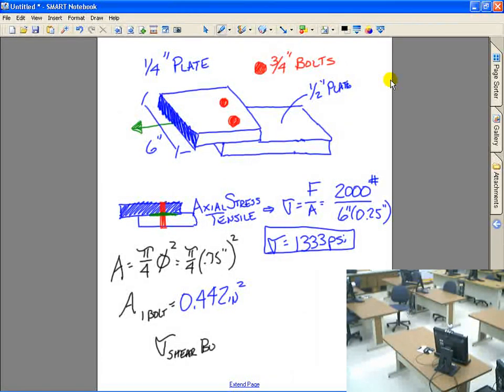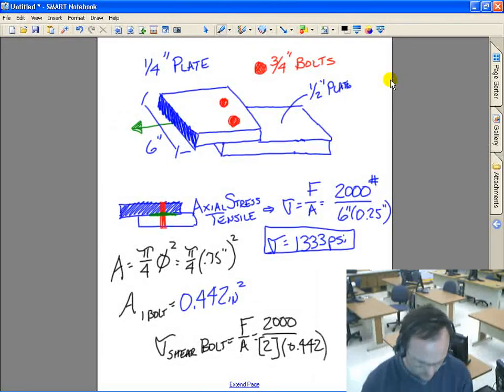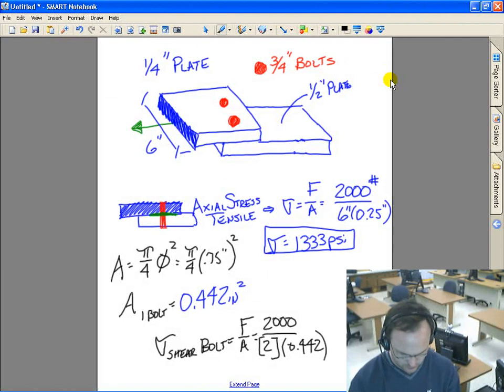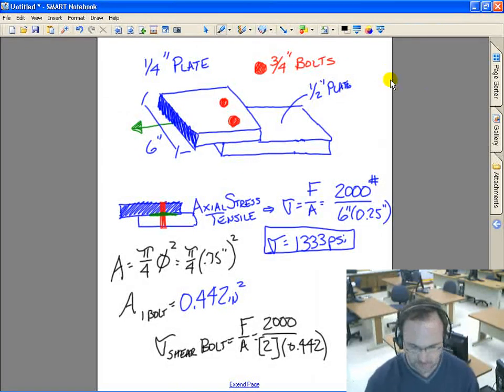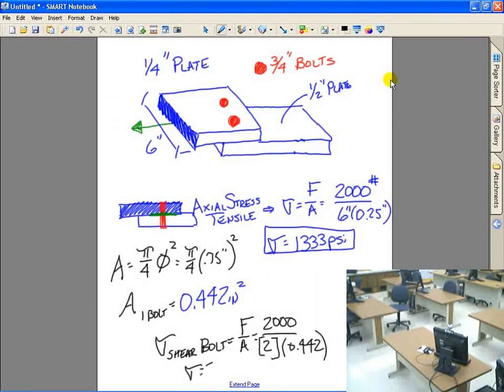So my shear stress on my bolt is force over area, which is 2,000 pounds divided by, I have 2 bolts, times 0.442. My shear on my bolt is going to be 2264 psi.